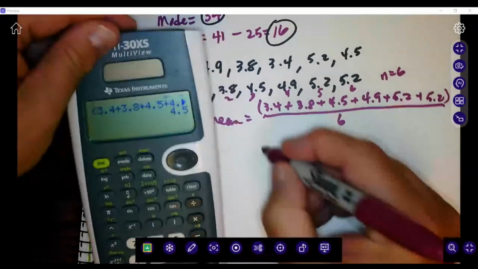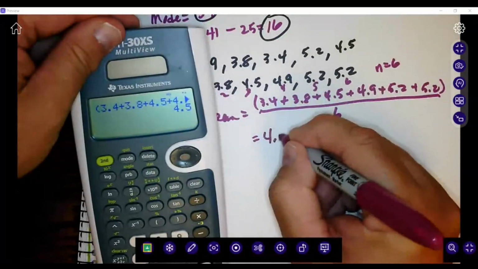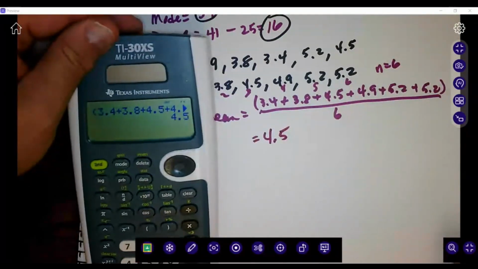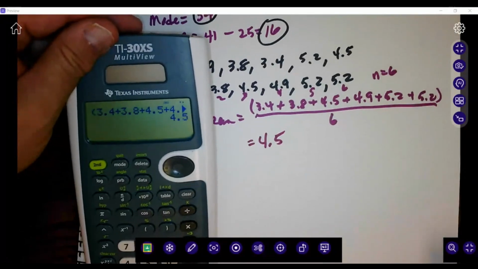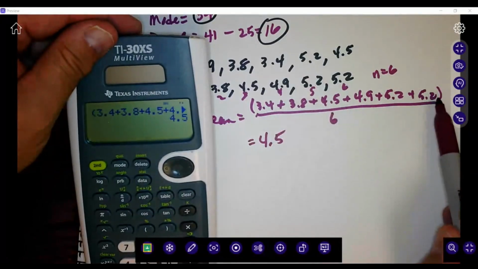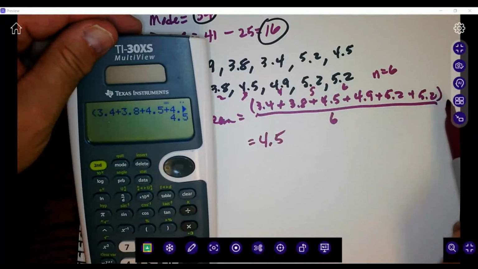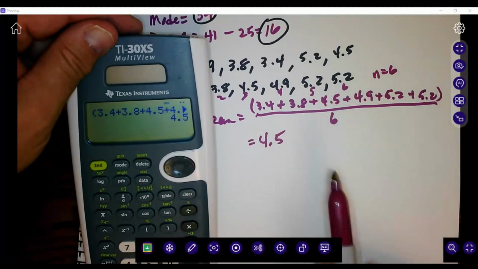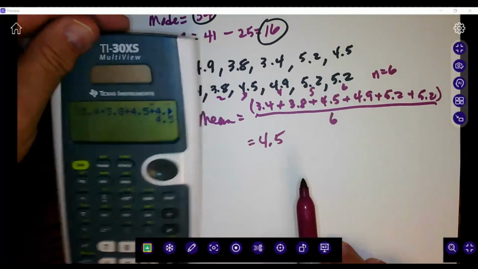And I hit enter, I get 4.5. If you don't have one of these calculators, then you'll need to add this stuff up, get your answer, and then take that answer and divide it by 6.